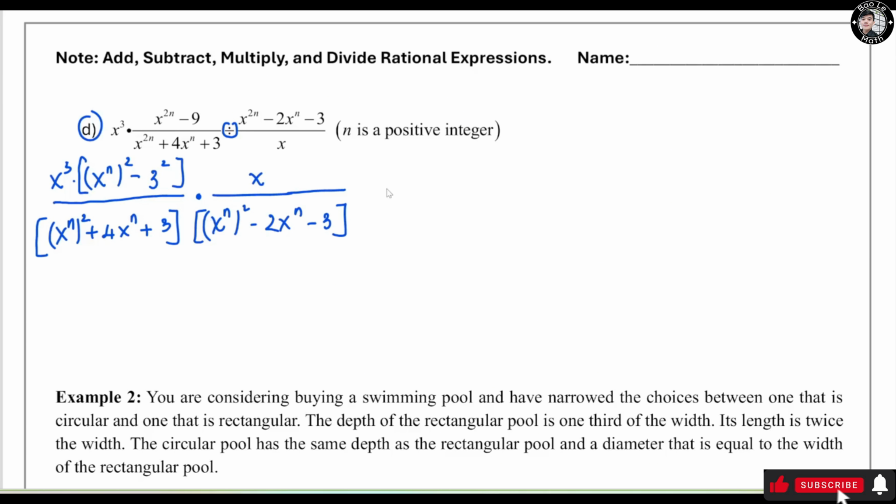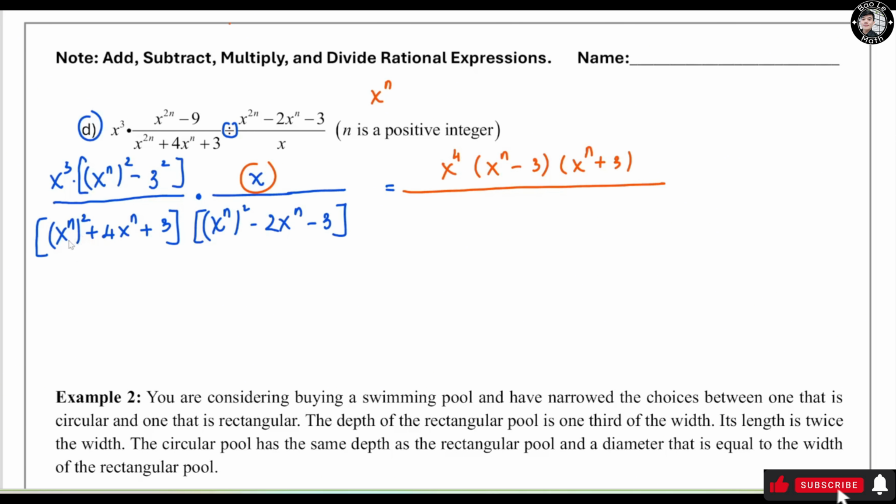Now we're gonna factor this guy out. So it could be s cubed times s to the n minus 3 times s to the n plus 3 times s right here. So this guy becomes s to the 4, right? Divide by, now the bottom right here, the variable in this situation is s to the n, right?